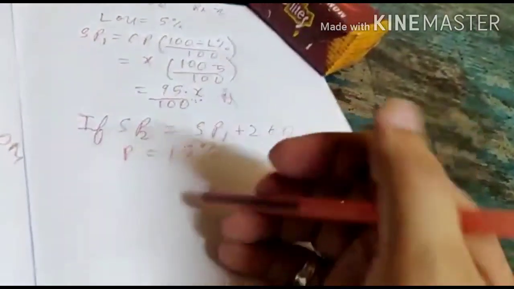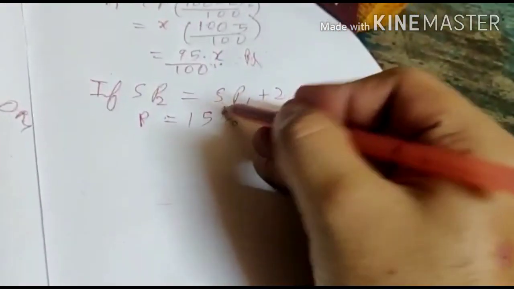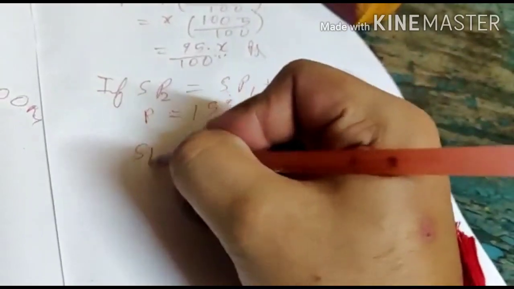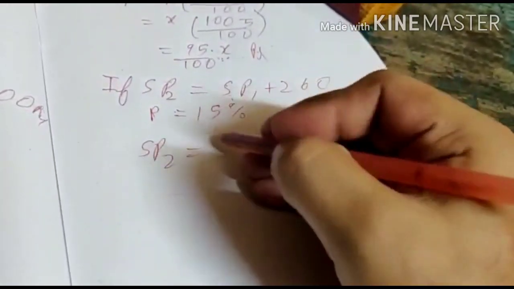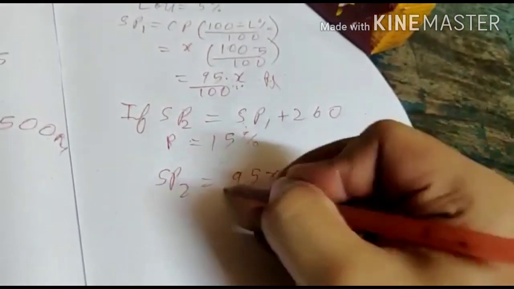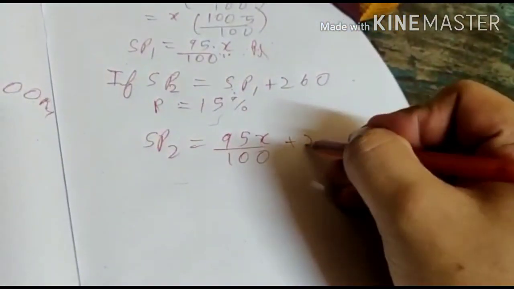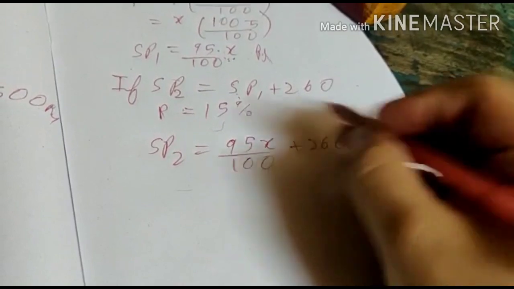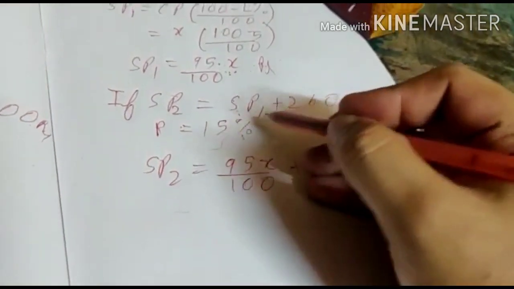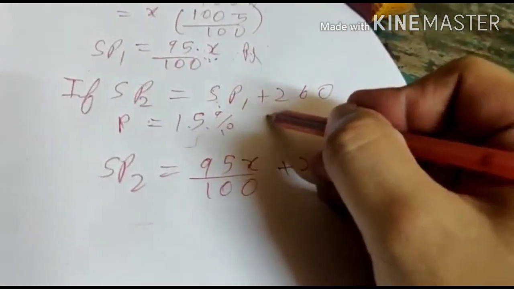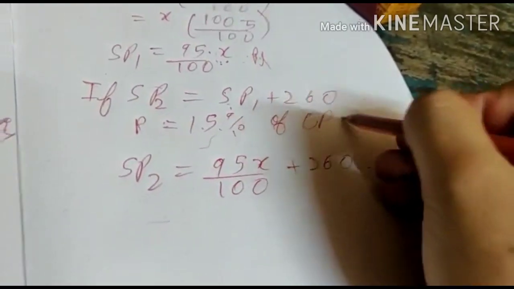So now we know the SP: SP2 is SP1, that was 95x upon 100, plus 260. Here profit percent is 15%. Profit is always calculated on CP.